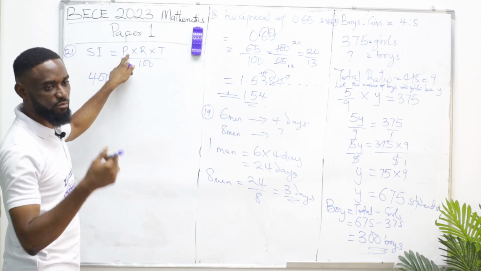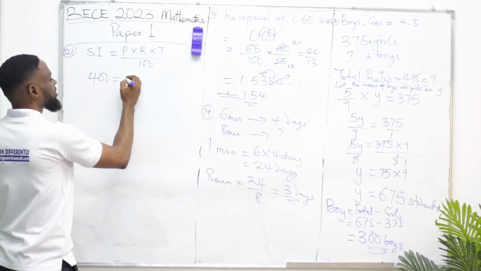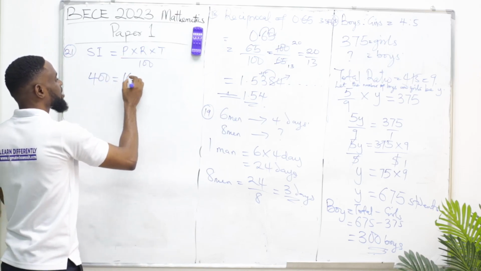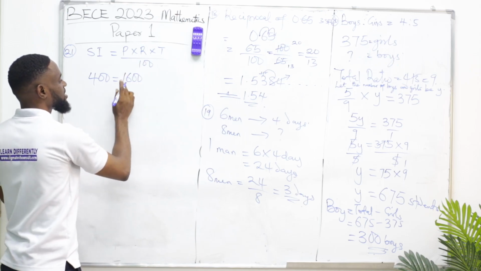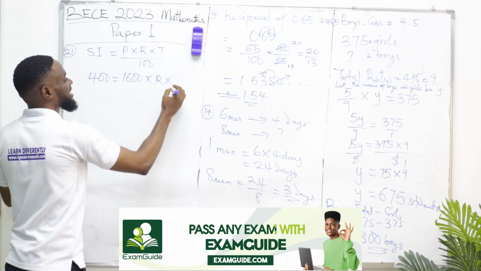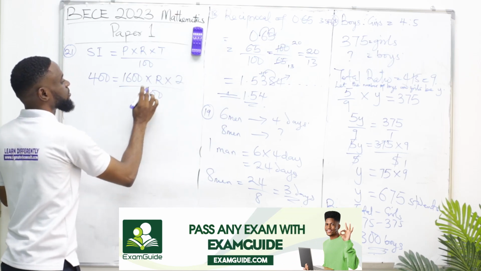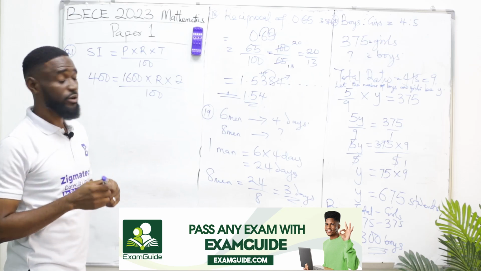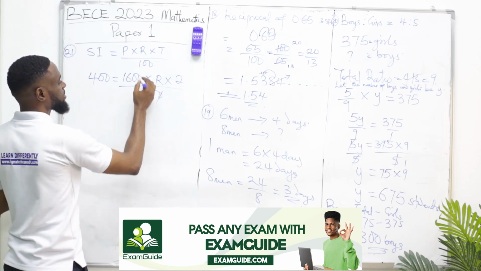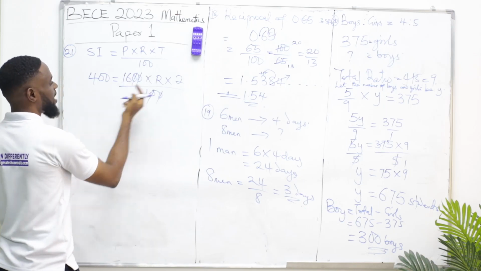In place of principal, from the question, 1,600 naira is our principal times rate times the time given, which is 2 years. You can see it there, right? Then divided by 100. Is that okay? So this can remove this, all right?